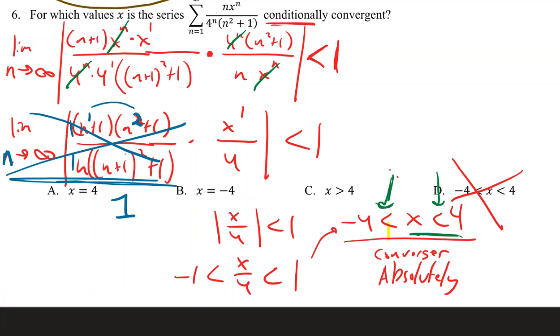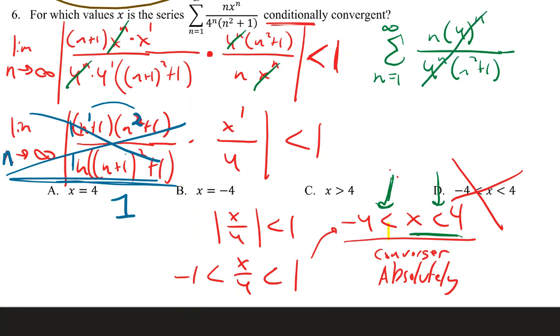I can go up to the original question, rewrite it, but instead of saying x, I'm going to say 4. And then you can see you've got a 4 over n and a 4 over n. So those kind of cancel out, and then you're left with n over n squared plus 1.